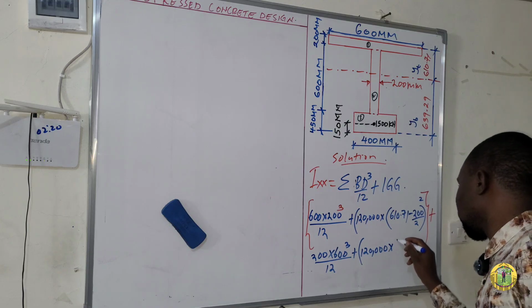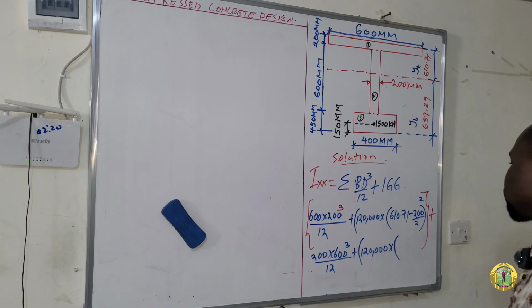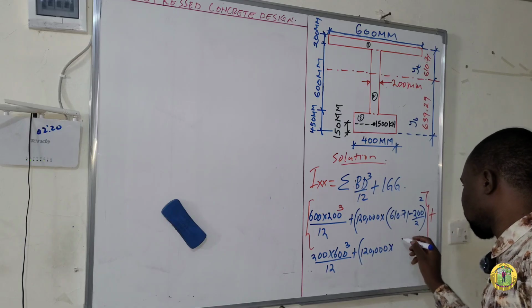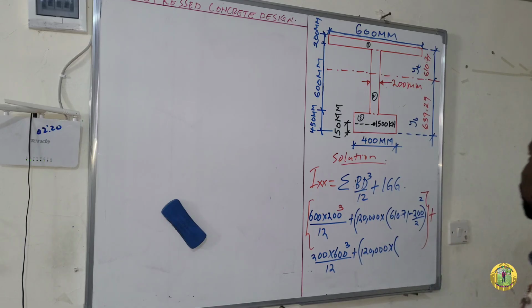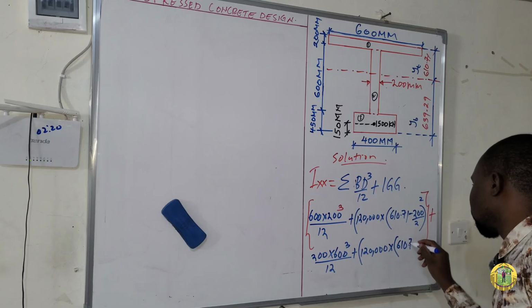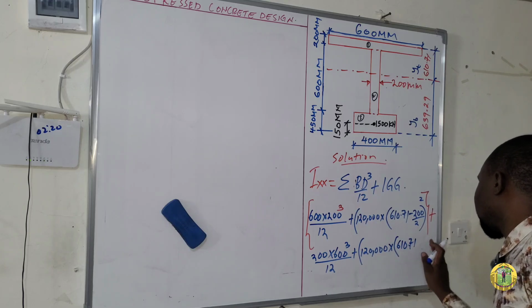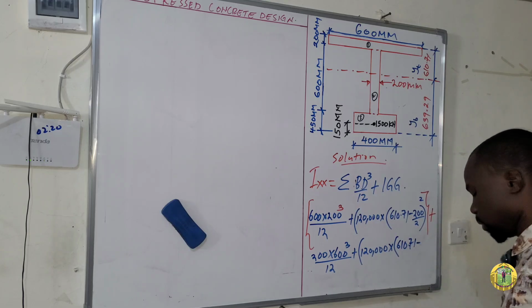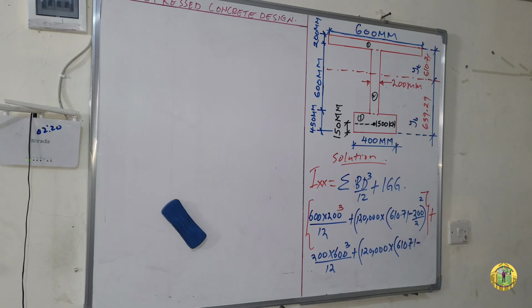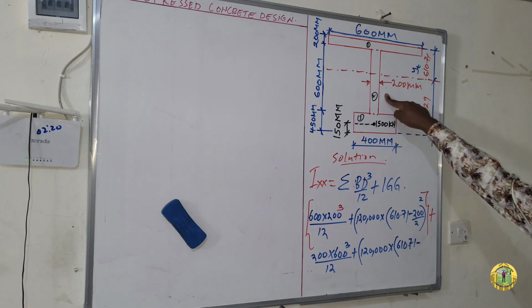Multiply by 610.71 minus a half of 600, which is 300.